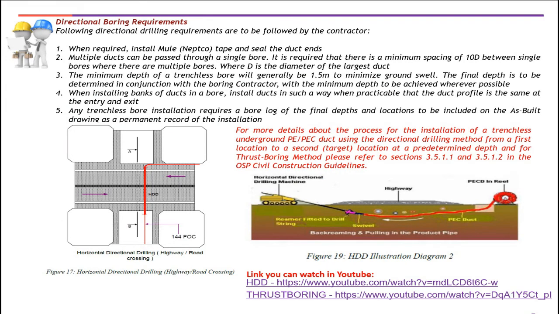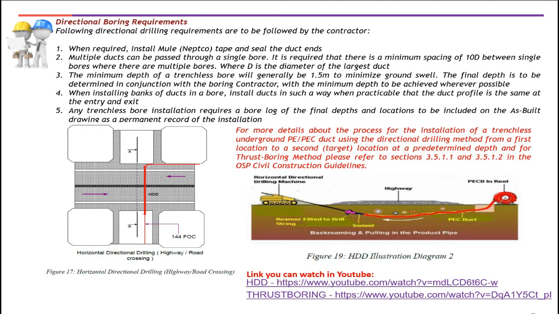Directional boring requirements. Below are just some of the points that you need to follow during implementation. When required, install a mole tape and always seal the duct ends. Multiple ducts can be passed through a single bore.